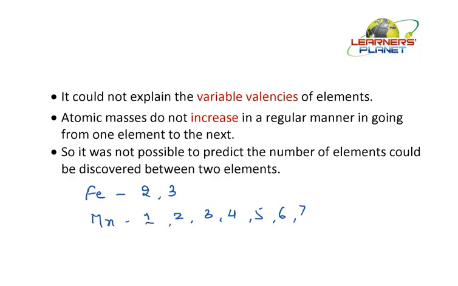So it was not possible to predict the number of elements that could be discovered between two elements. So students, these are all the merits and the demerits of Mendeleev's periodic table. And you have to remember the features of the table, the merits as well as the demerits.